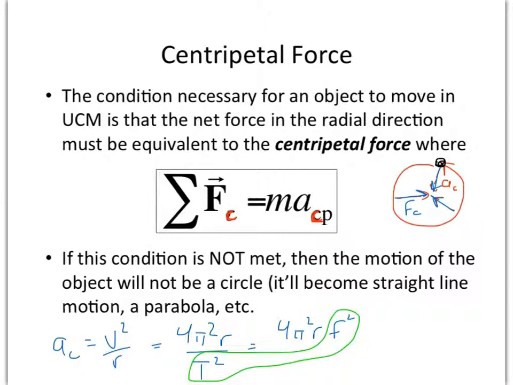But wherever we have centripetal acceleration, we can substitute in any one of these values that deal with the speed, how fast the object is moving, the radius of the circle, how long it takes to go around, and so forth. So with any condition other than a centripetal force being applied toward the center, the object will not move in a circular path. So the assumption is that all objects moving in circular paths do so because of this centripetal force, caused by the mass feeling that centripetal acceleration.